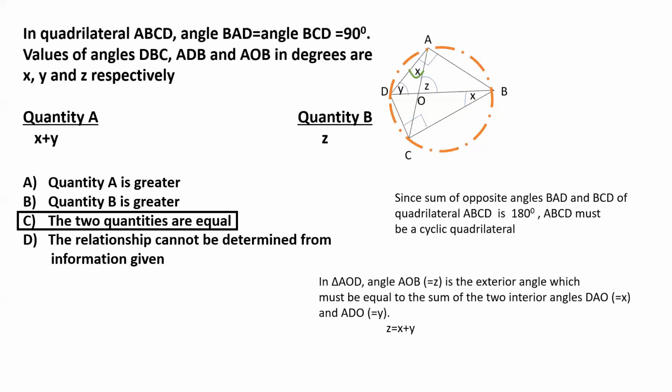Because once you draw the circle, it becomes very apparent that you can equate the angles subtended by the arc at the circumference. And from there on, it becomes very elementary to arrive at the correct relationship between X plus Y and Z.